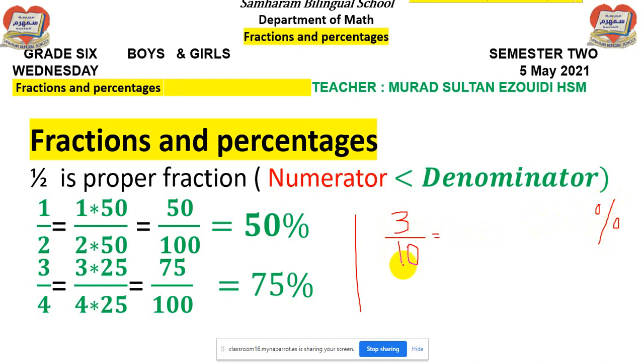So 3 divided by 10. This is a fraction. Try to find an equivalent fraction that is equal to 3 over 10, and then you can convert it to percentage. Means that try to find a fraction where the denominator is 100.